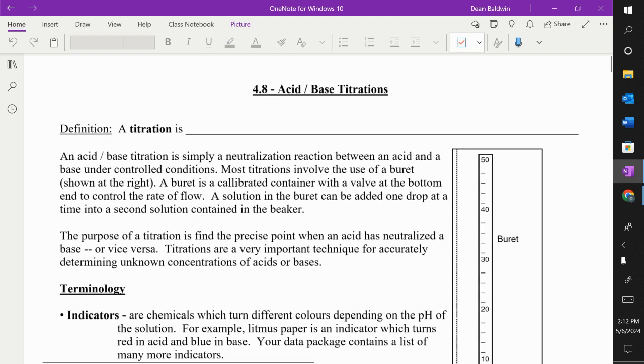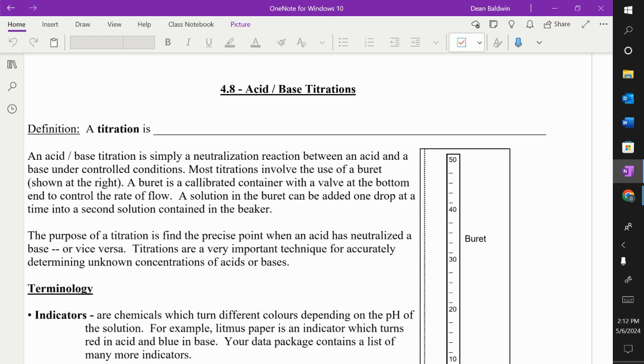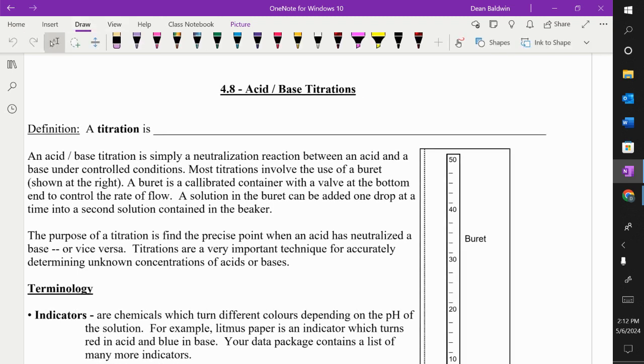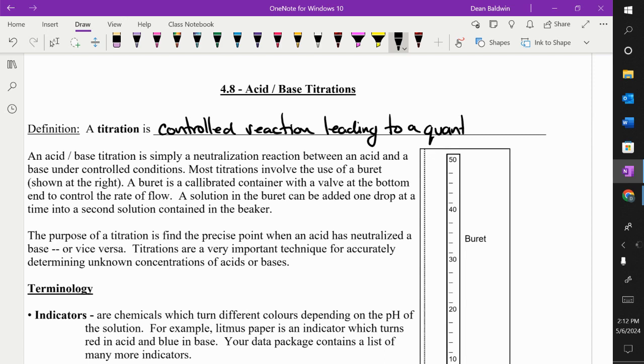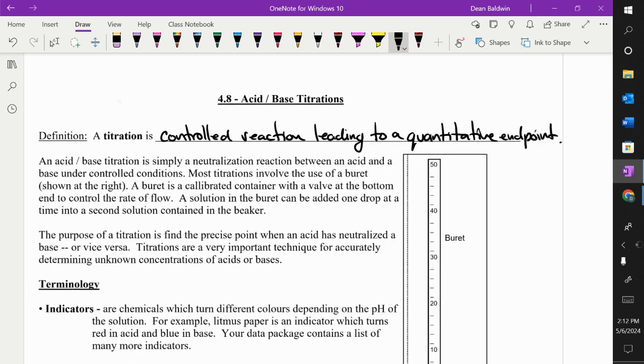If you want a proper definition, it's a controlled reaction leading to a quantitative endpoint. They're used to measure how much something is there, basically. That's why it's quantitative.